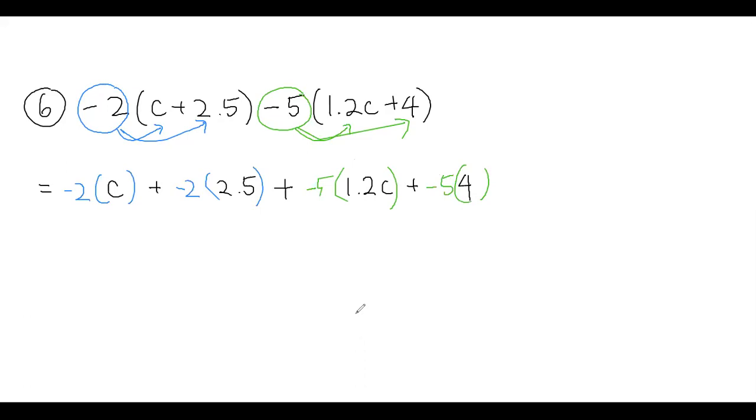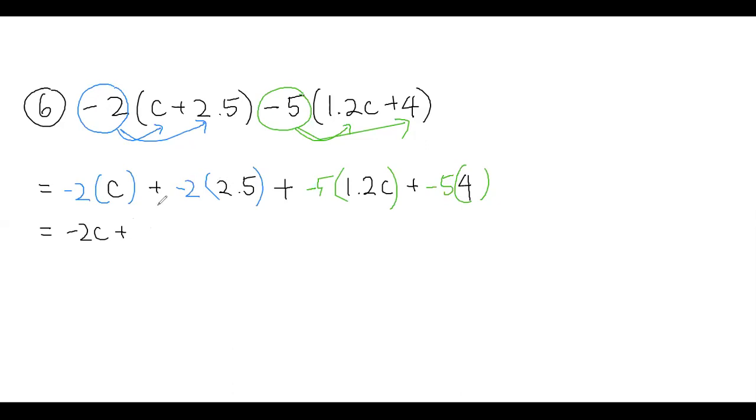So now that I've distributed, I can multiply these out. -2C, that's just -2C. Plus 2.5. 2 of 2, that's going to be 4. 2 of a half, that's going to be 1.